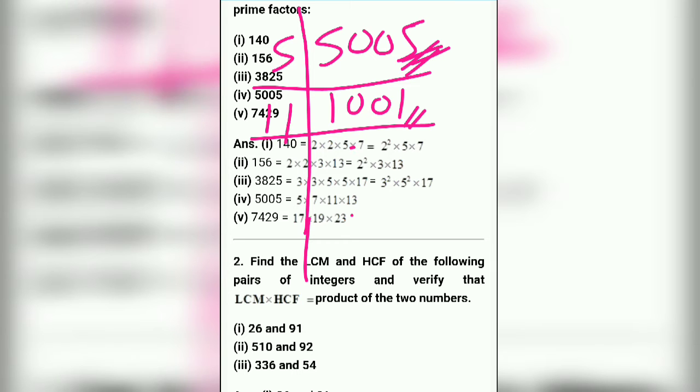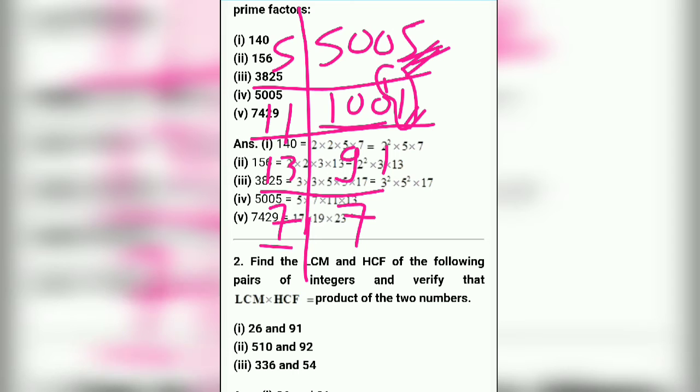Here we have 100. So 11 nines are 99. 100 minus 99, 1. So 1 remainder and 1 is unit digit. So 11. 11 ones are 11. Now for 91, we know that 13 sevens are 91, right? So 13 sevens are 91 and at last 7 ones are 7.